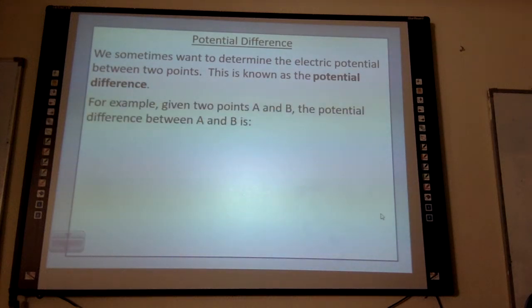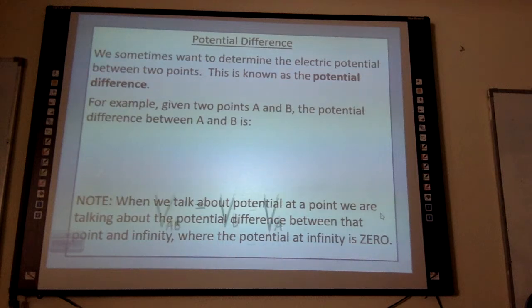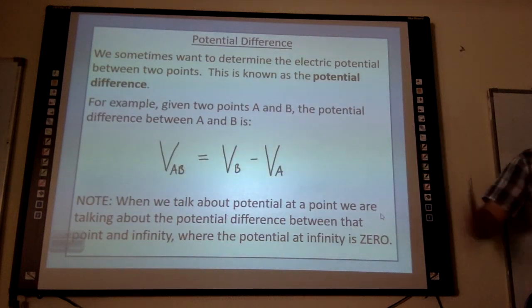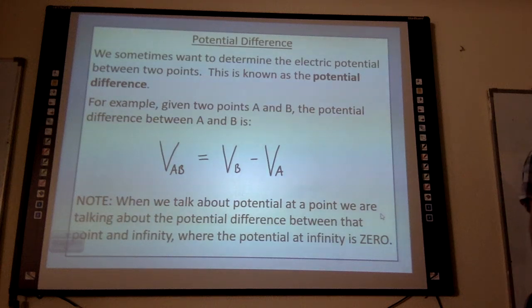For example, if I have 2 points, point A and point B, the potential difference between A and B is just voltage at B minus voltage at A. Nothing new. I just call it potential difference. The difference between two of them is just subtracted. Depending on which one's higher.